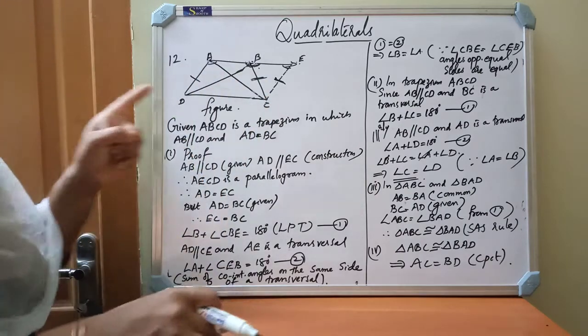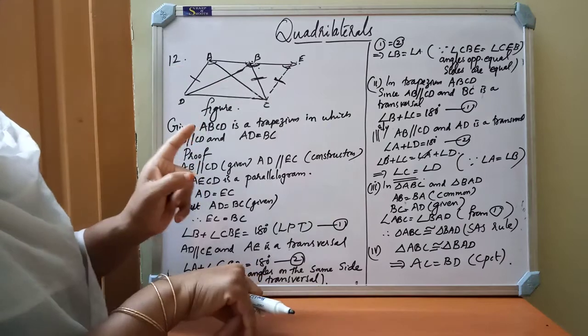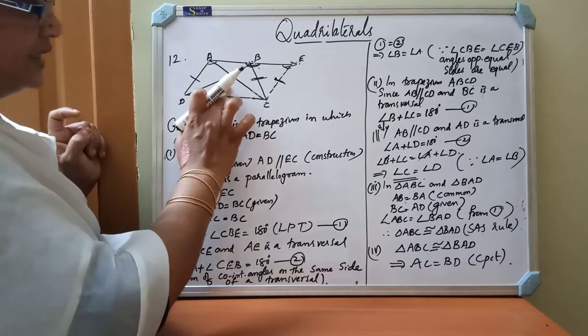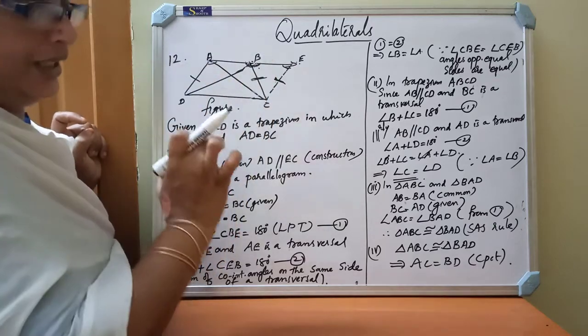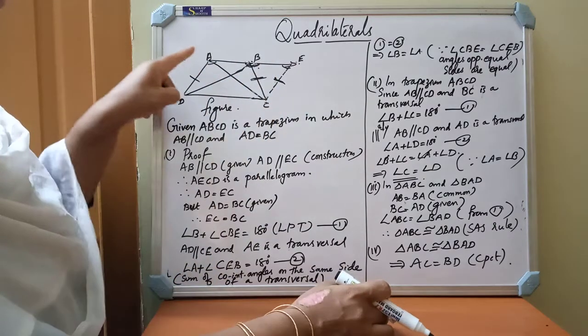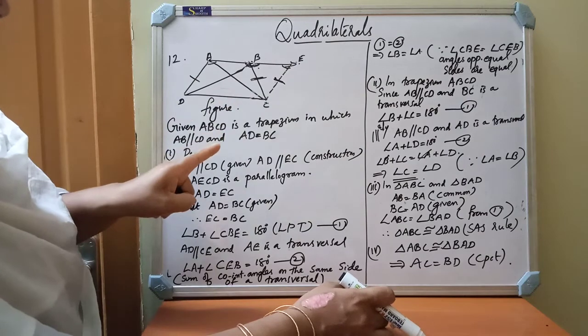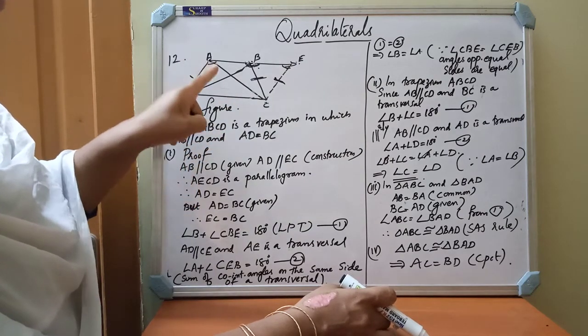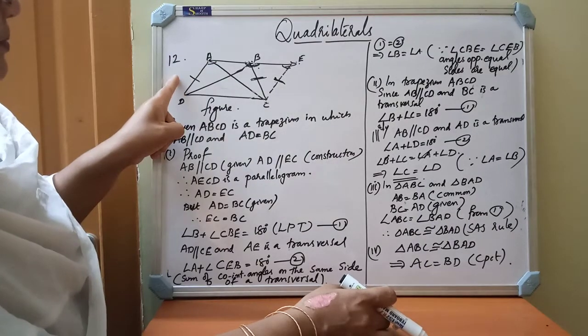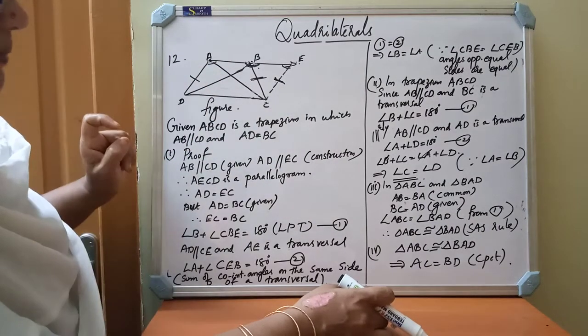Then only we can compare these two as triangles. So we are doing the construction: join AC and BD. So we will get two triangles, ABC as well as the second triangle, BAD. These two triangles we are comparing.